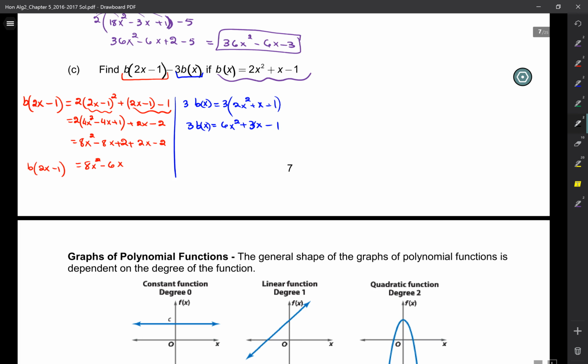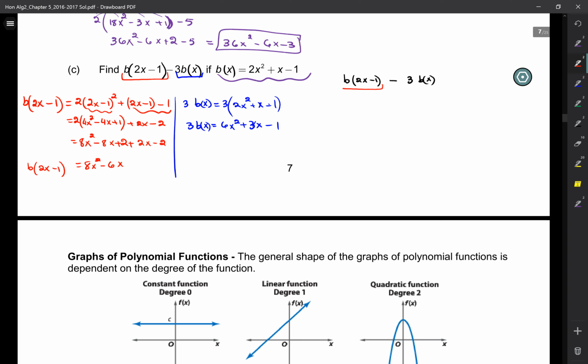Okay, so here, let me just copy down what it is that we're being asked for. Is this what we were being asked for? Right? Okay, now, I found b of 2x minus 1.